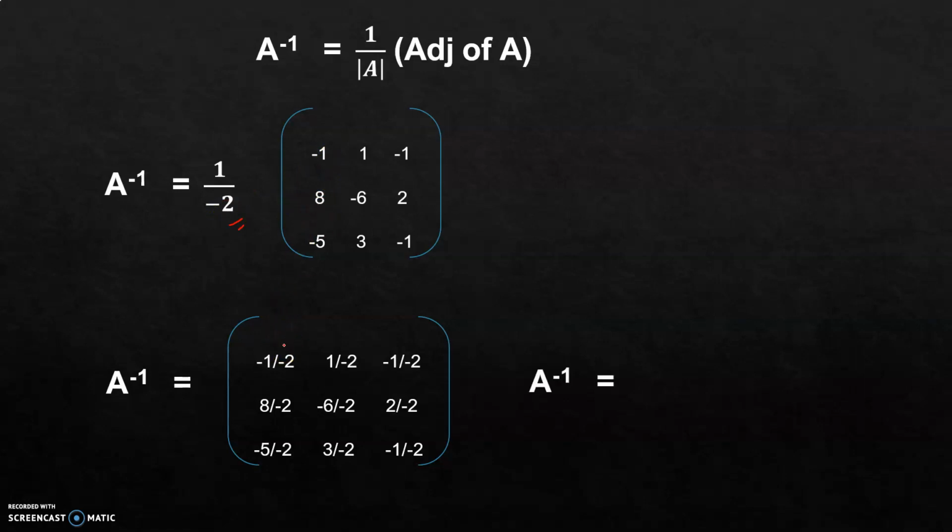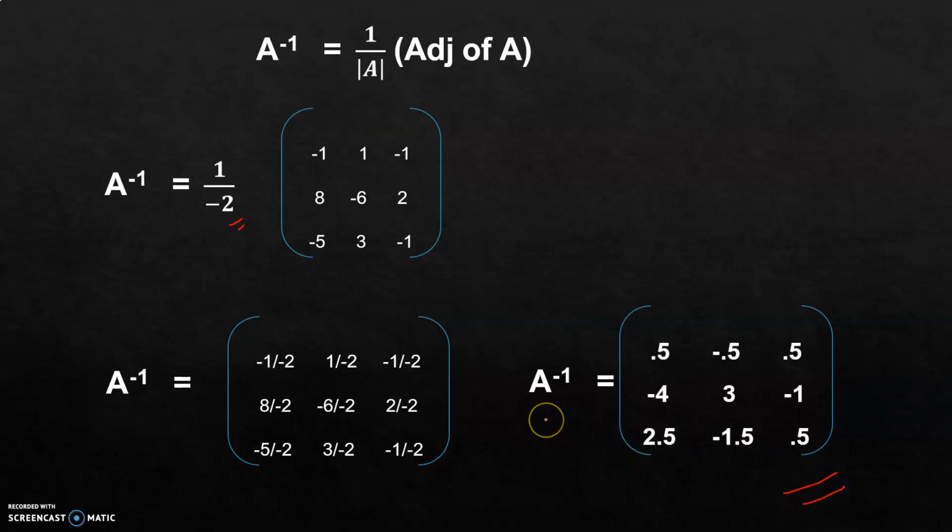So this is the final answer, called A inverse. Minus 1 by minus 2 is equal to 0.5. If the numerator and denominator have the same sign, it will be positive. If the numerator and denominator have different signs, the answer will be negative.